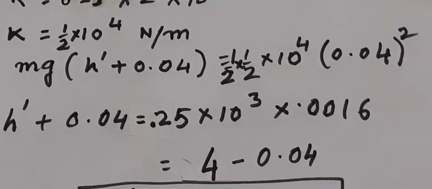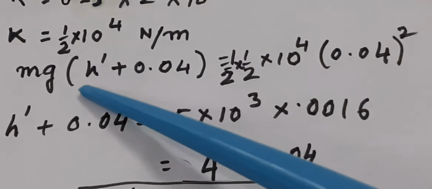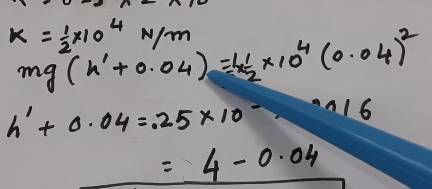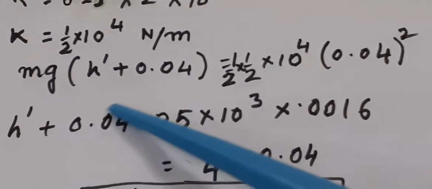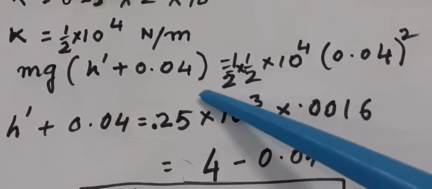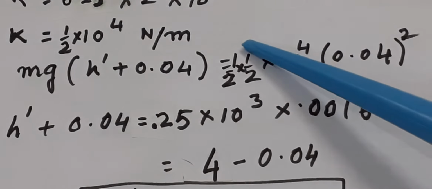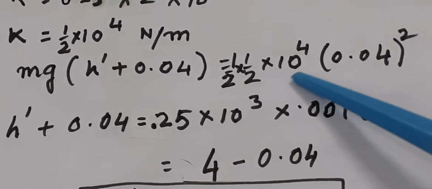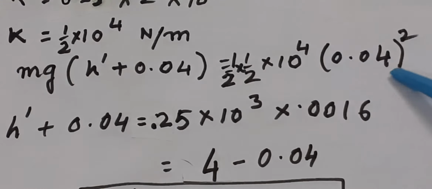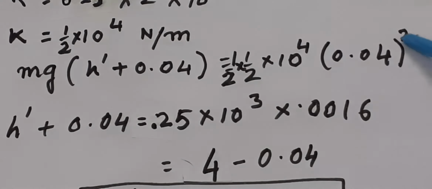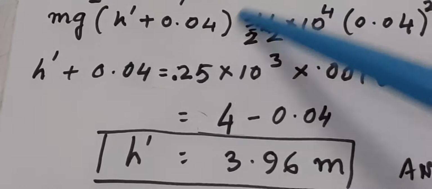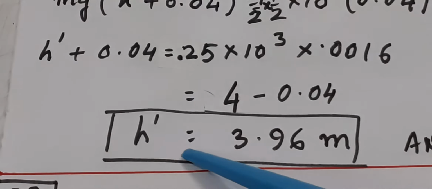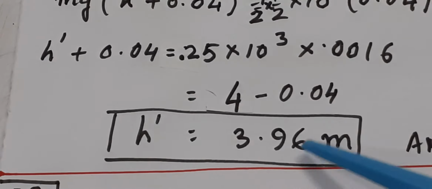By the same pattern of equation, mg within bracket (h dash plus 0.04) will be the total loss of potential energy of the system, that will be stored in the potential energy of the spring, that is half k, which is known, half into 10 to the power 4, x is here 0.04 meter given, into whole square. From this equation we can find this h dash, that is 3.96 meter.